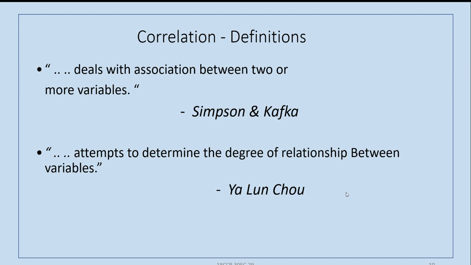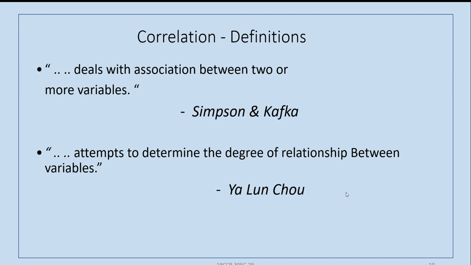Another definition is given by Ya Lun Chow, who says correlation attempts to determine the degree of relationship. In the above definition, we have seen that correlation deals with two or more variables where there is some relation between them.